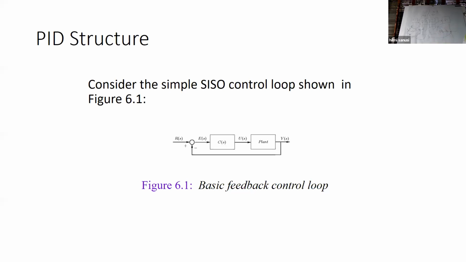Maksudnya kita bagi dulu, kita ambil open loop system, kita test open loop system, kita dapat dia punya response, and then kita letak satu PID controller based on the value KP, KI dengan KD yang kita dah kira, kita masukkan, kita tengok dia punya reaction.